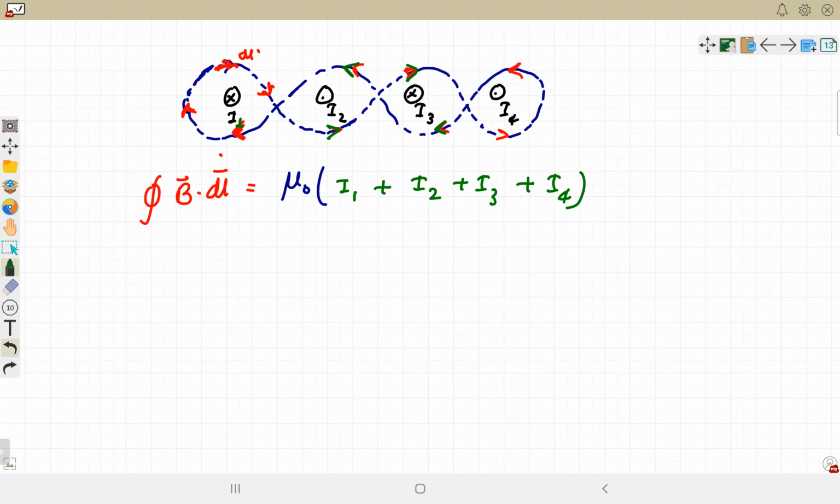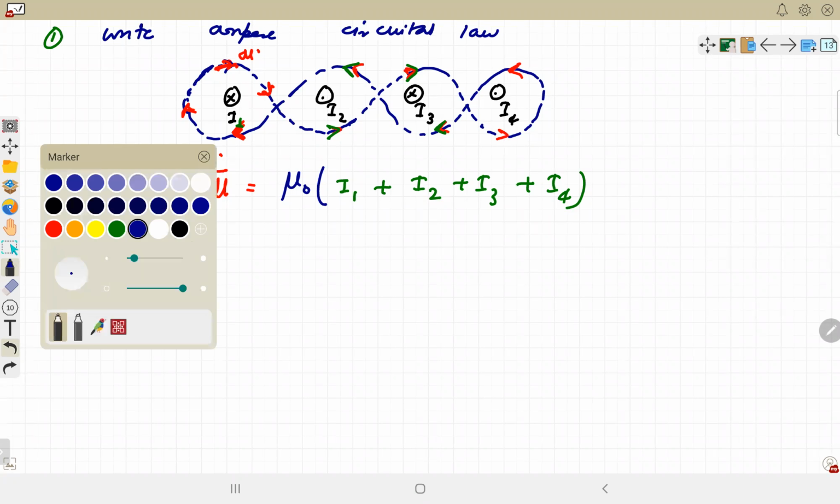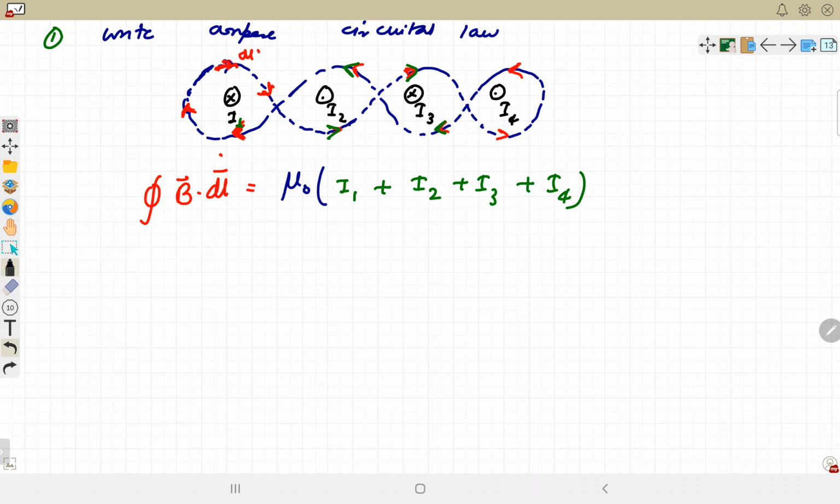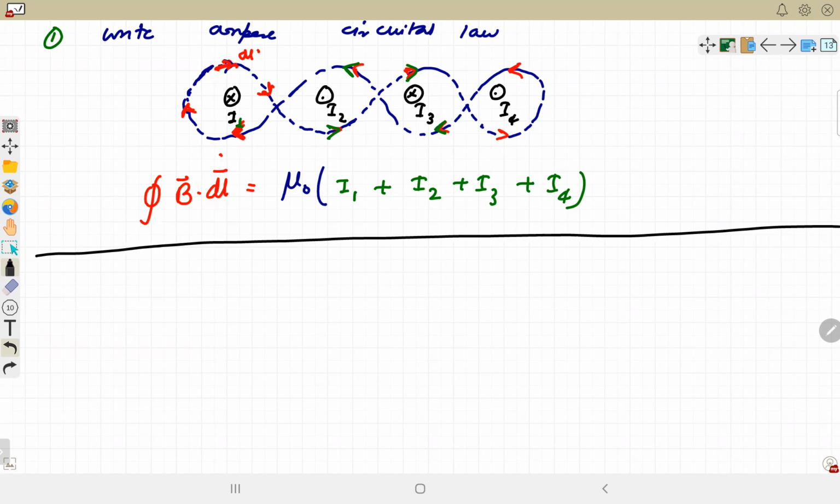So it will depend upon the direction in which we use the dl integration. That is the method, right? Ampere's circuital law for this. First application of Ampere's circuital law is that we can determine the magnetic field in the symmetrical region.